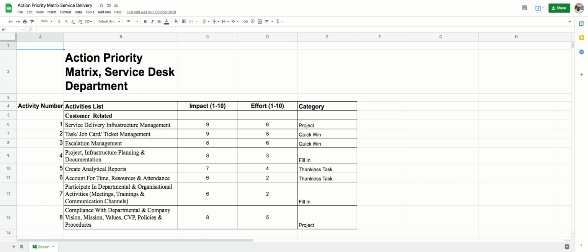We then categorize these 8 activities, and we use a method that considers impact and effort to slot these 8 items into different categories. Impact refers to how much impact this activity has when it is done on a daily, weekly, or monthly basis. Remember, we are a sales-led, customer-centric organization.